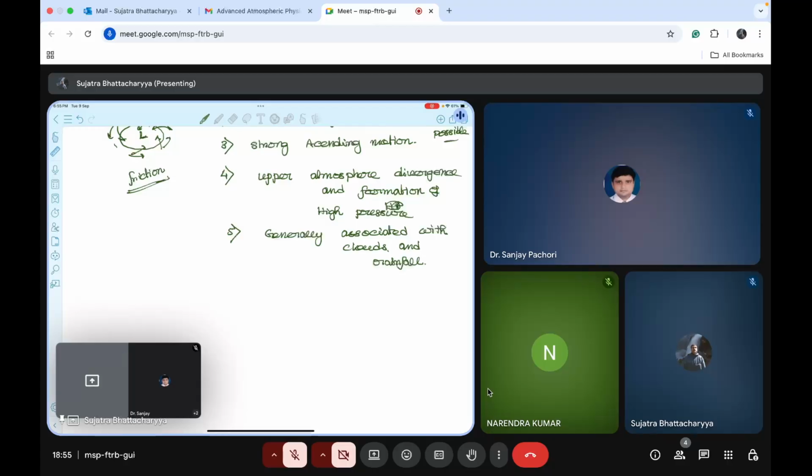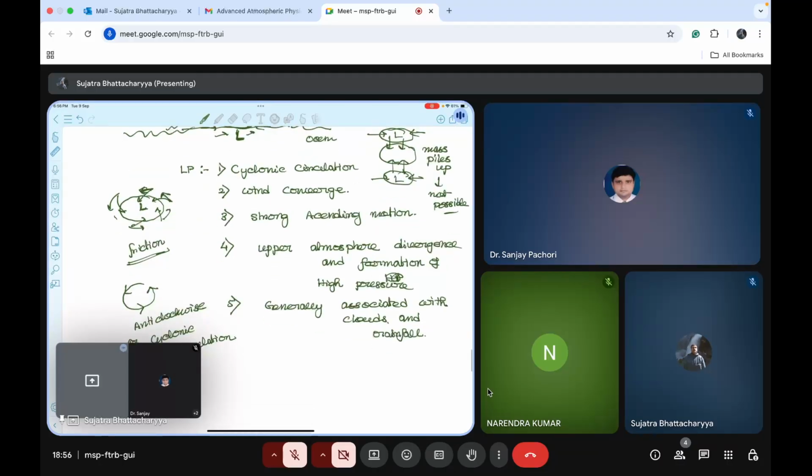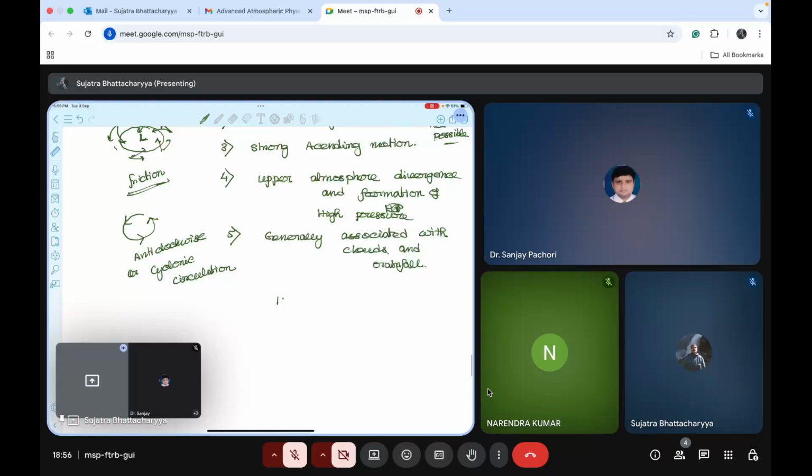If you are interested in this field, you will find that whenever you have this low pressure kind of circulation, that is anti-clockwise or cyclonic circulation of the winds, those regions mostly have higher precipitation or higher rainfall. So these are the common points for the low pressure region. Similarly, high pressure regions will be much more dry.